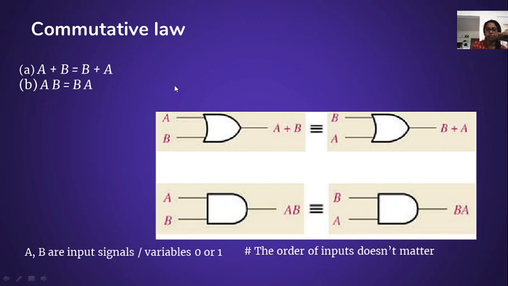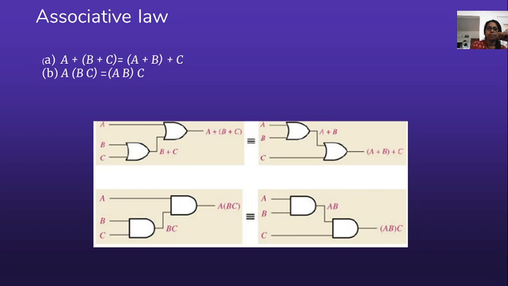Coming to the associative law. First, for the logical sum operation: A or B or C is equal to A or B or C, grouped differently.